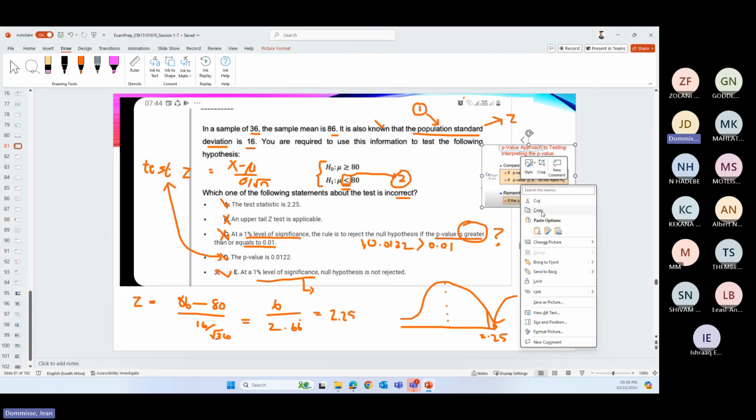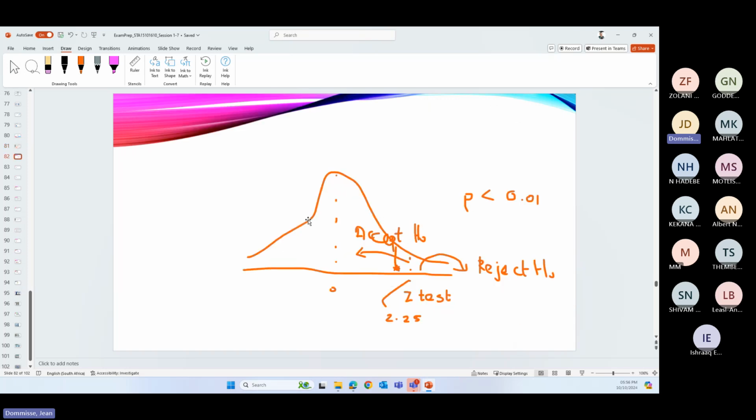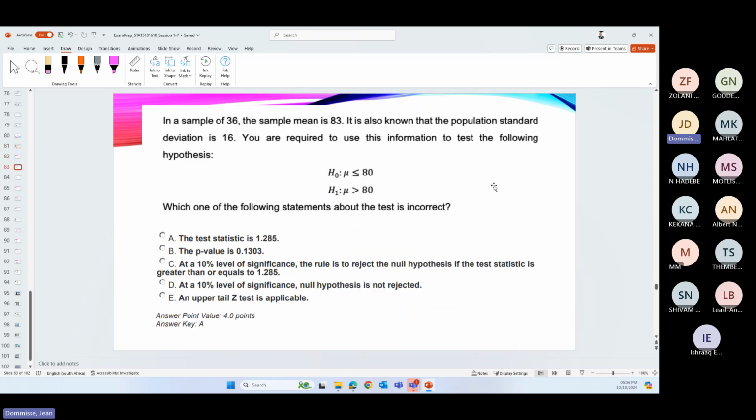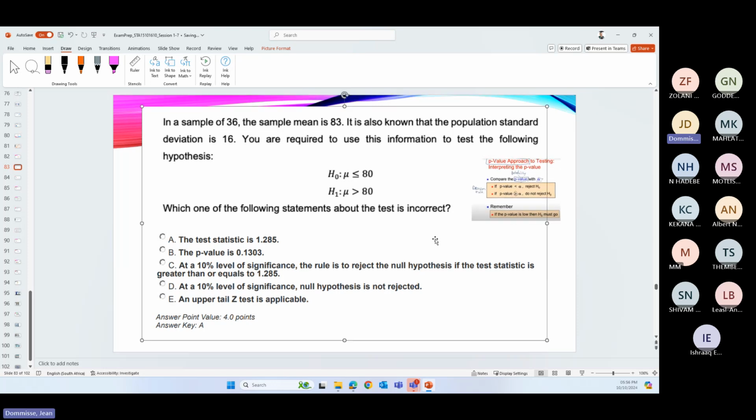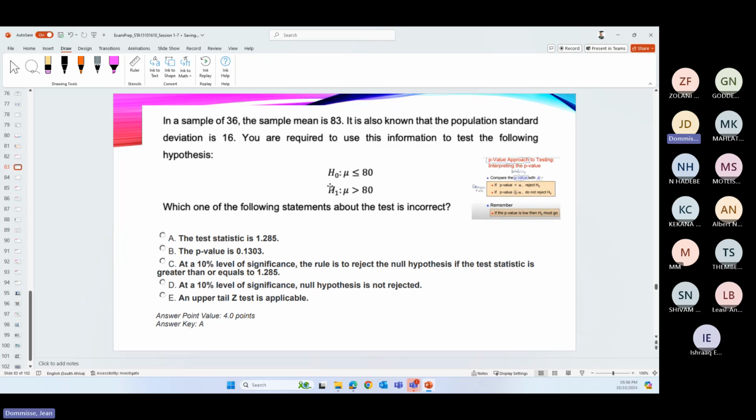So again, if something like this happens in the exam, you let me know. Here we are looking at a bigger than, so the upper tail test is applicable, which is correct.